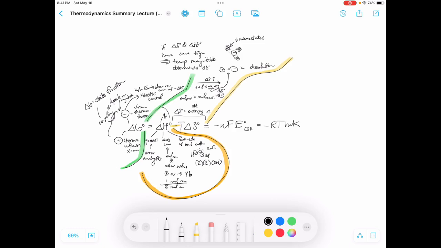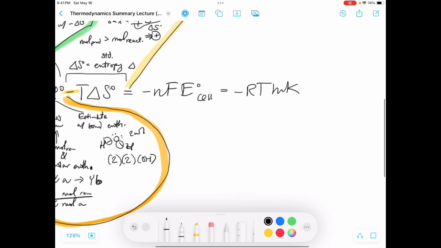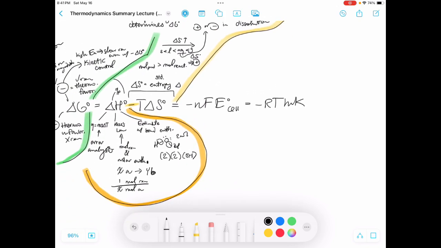Moving forward, we have negative nFE naught cell. So I can't teach you all of electrochem in this lecture on thermodynamics, but I'll try to give a quick summary of what's going on here, and hopefully you can revisit this after learning electrochem if you haven't already, and realize it makes a lot of sense.